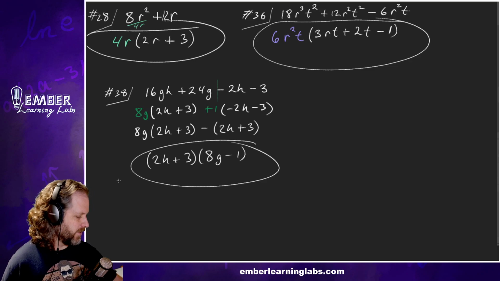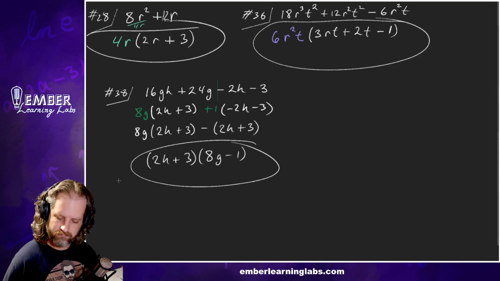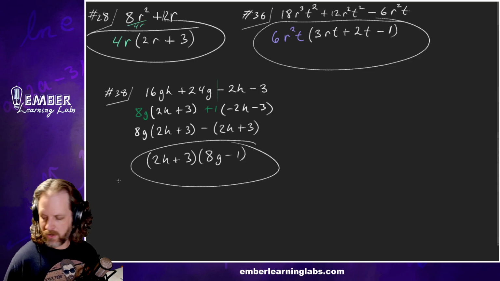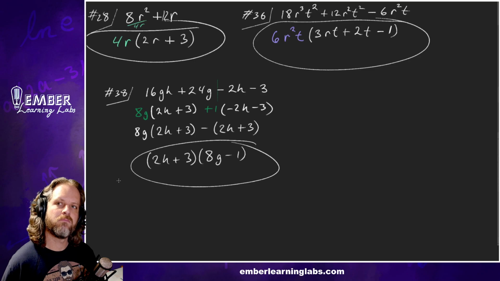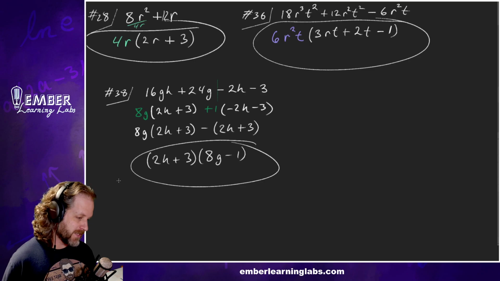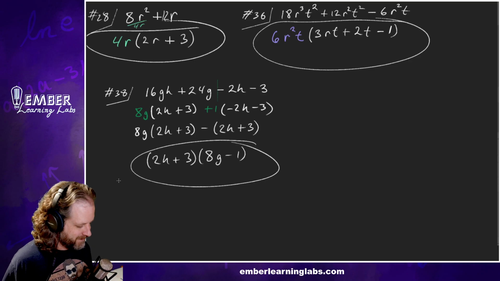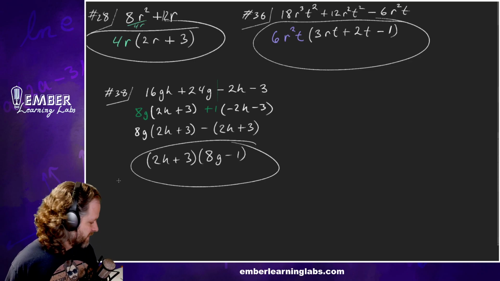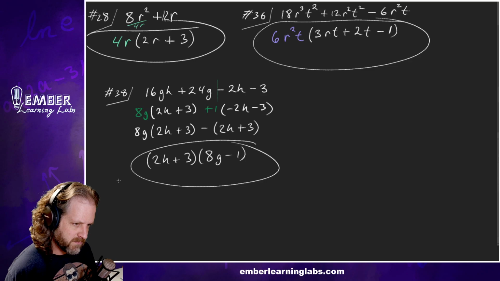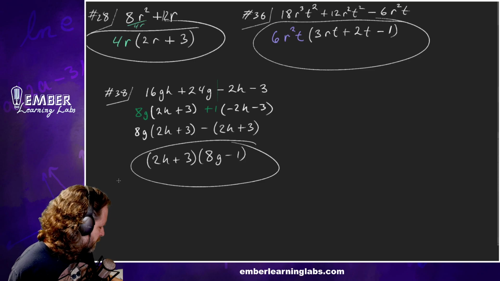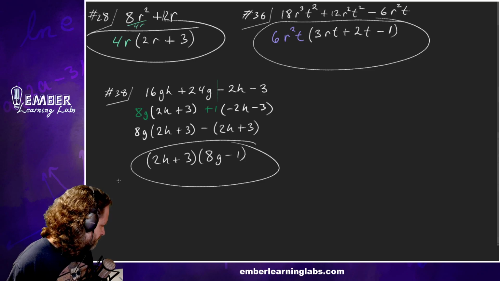Any questions on that one or any other ones? Are we sure there are no more questions? Because I'm about to say, let's take a quiz. 28 was 4r times, in parentheses, 2r plus 3.